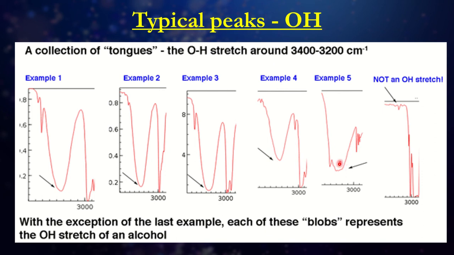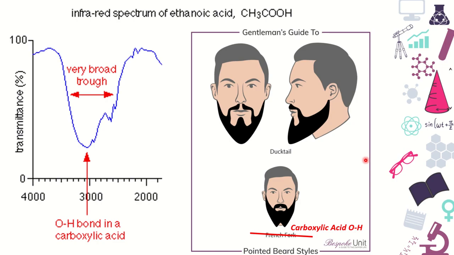That is also, with the exception of the last example, which is this one here, you see there's not much of an absorption there. Not much of a smooth tongue either. So each of these bulbs represents the hydroxyl group of alcohol right there. That wouldn't count because, as you can see, that's not the shape we're looking for.